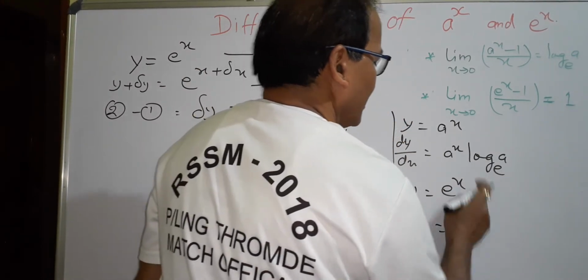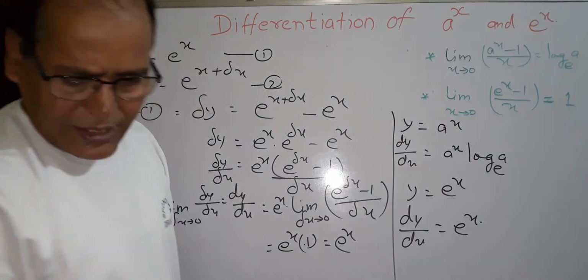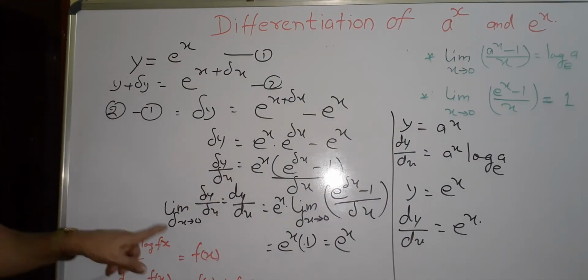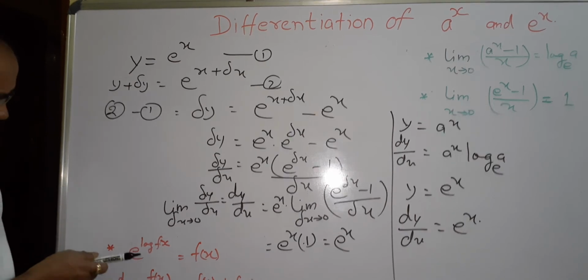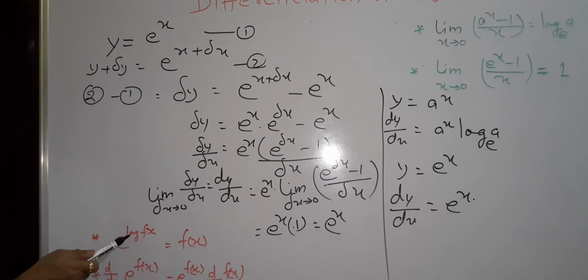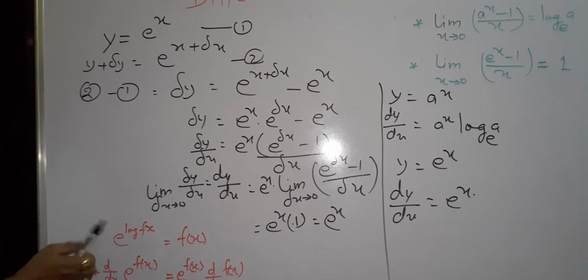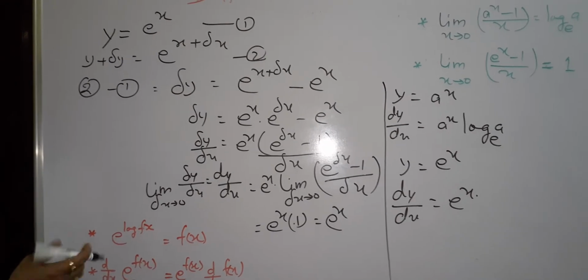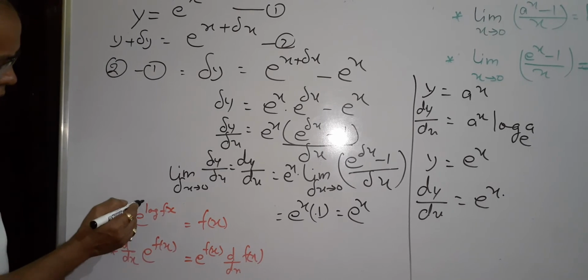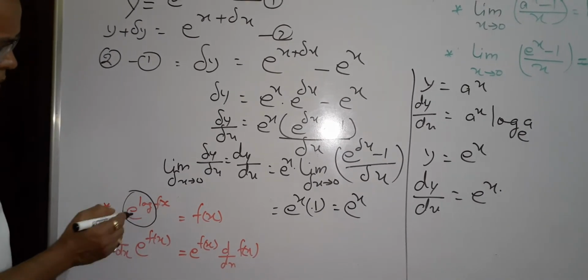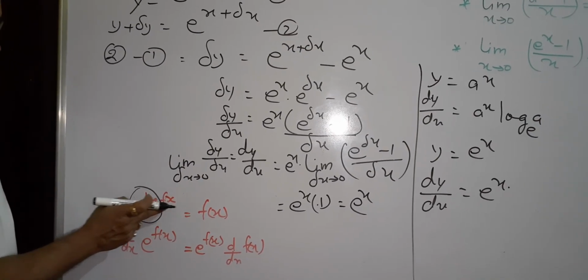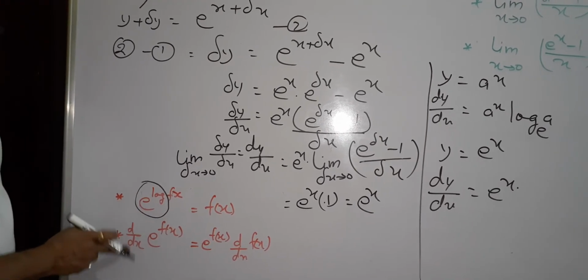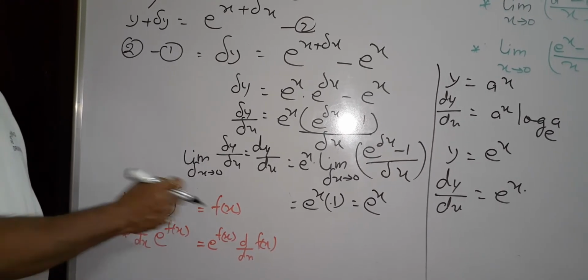These two derivatives you must memorize. Also, e to the power log fx is equal to fx. So e and log go together, as you know, and directly we can write fx. These two can be used while solving exercise.